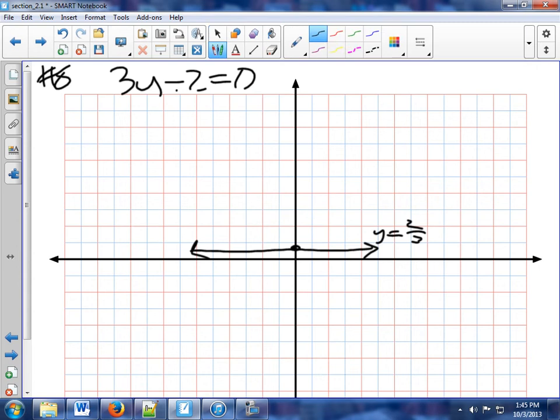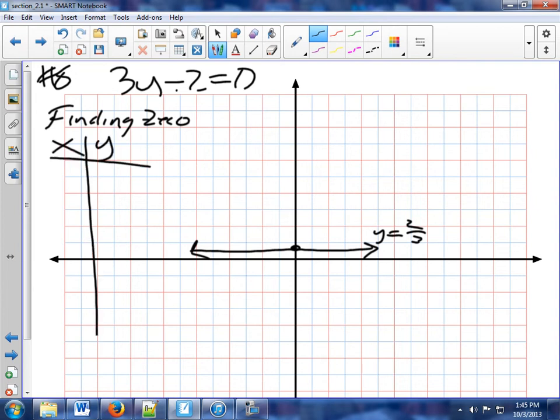Oh. Okay, this method over here I'm going to do is called finding zeros. And you make a t-table. And you make an x and you make a y. And we're going to use 0 for x and 0 for y. All we do is we go up to this equation right here. And we're going to put 0 in for x.